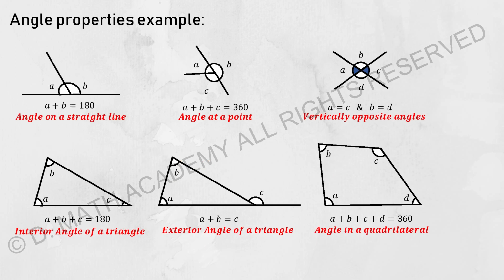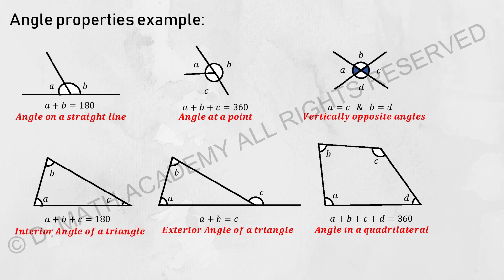For the next one, which is the angle properties, a straight line will lead to a plus b equals 180. For angles at a point, a plus b plus c, the total will be 360. And the next one is a equals c and b equals d.